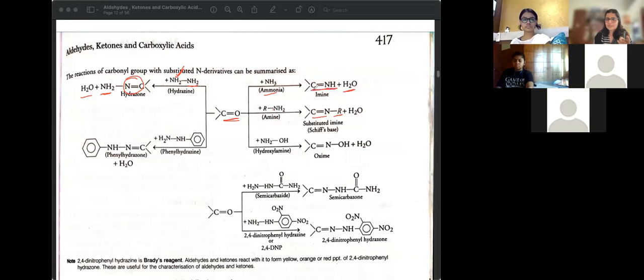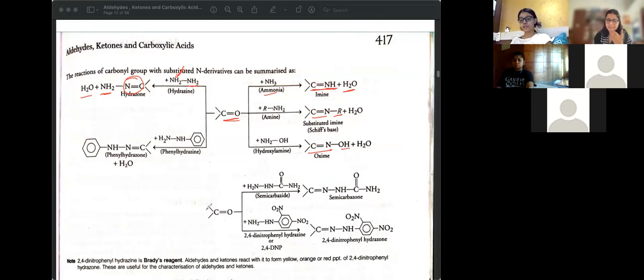And from the remaining thing, you can form your compound. Hydroxylamine, C double bond N, and remove the two hydrogens, you have N and OH left. That way. So whatever reagent you are given, if there is NH2 something, then the two hydrogens are removed and then you get your final compound.